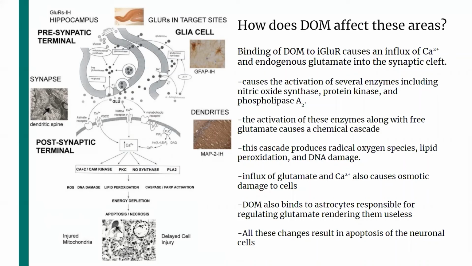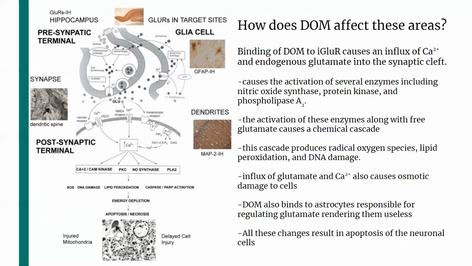The calcium ions flood the postsynaptic terminal, and the free glutamate activates enzymes including nitric oxide synthase, protein kinase, and phospholipase A2. The calcium influx and free glutamate cause a chemical cascade that leads to radical oxygen species, lipid peroxidation, and DNA damage, as well as causing osmotic damage to the cells, or what's known as bloating.